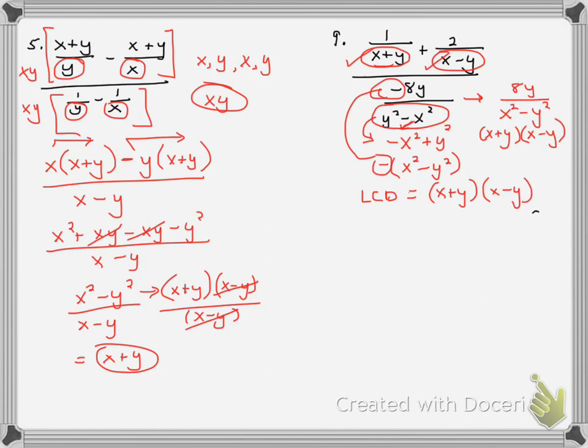And down to the third one, I already have an x plus y and I already have an x minus y. So this is my least common denominator. So in my first term, I already have the x, I'll multiply, let's just look at it this way. I'll multiply it by x plus y times x minus y.